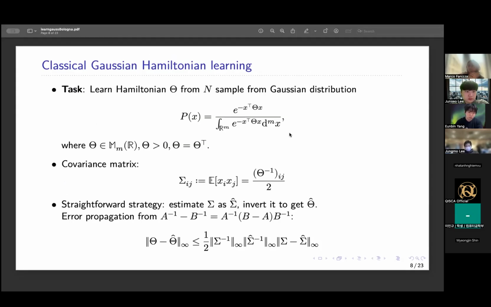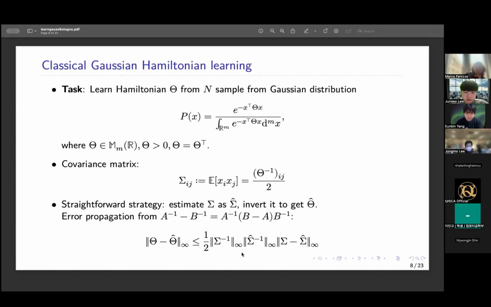I would like to tell you how precision matrix learning works in the classical case. As we said, you can get the precision matrix by inverting the covariance matrix.